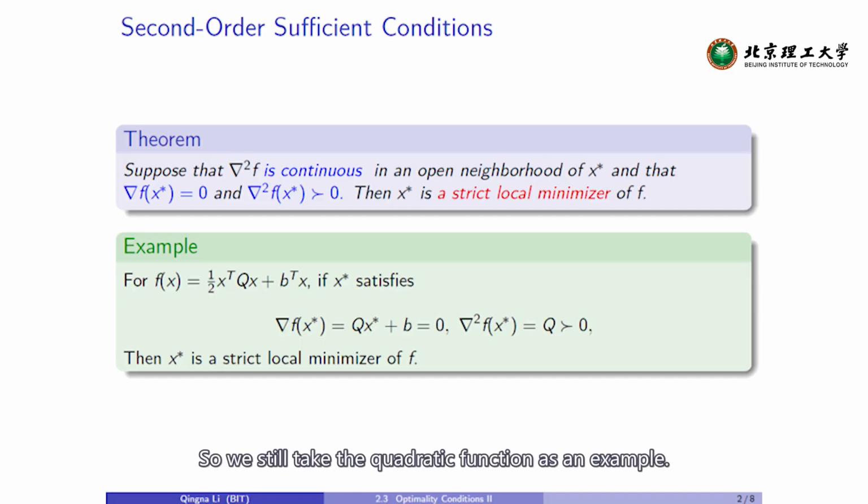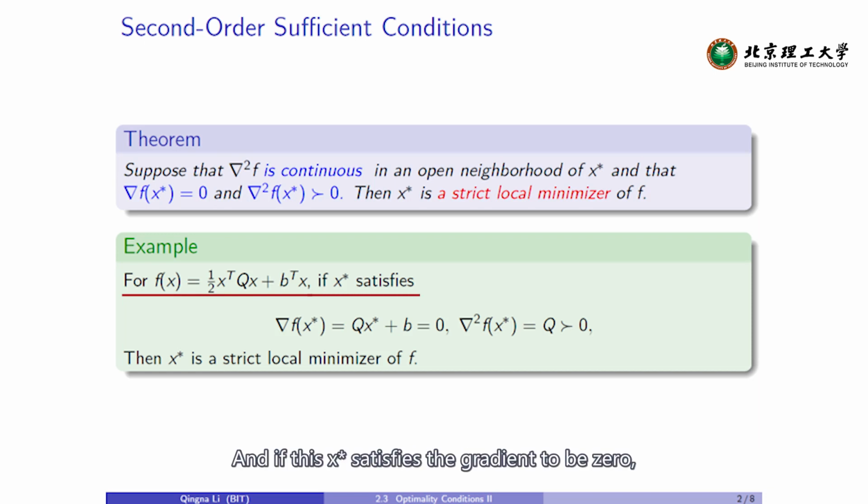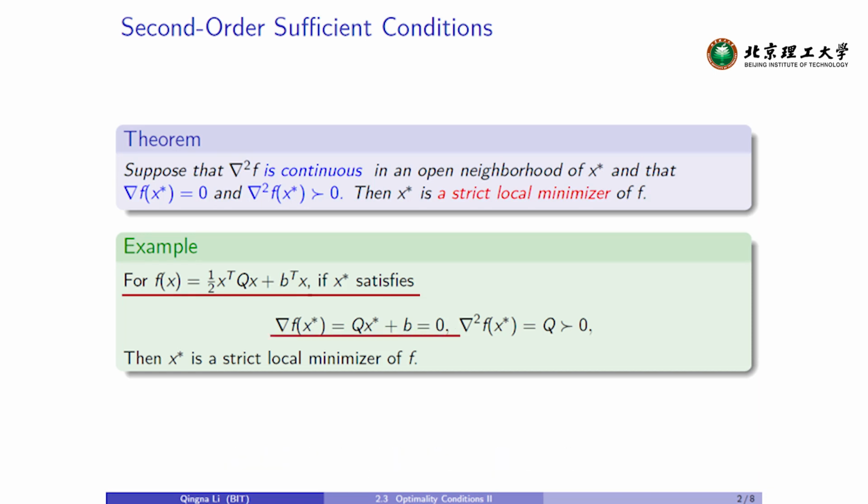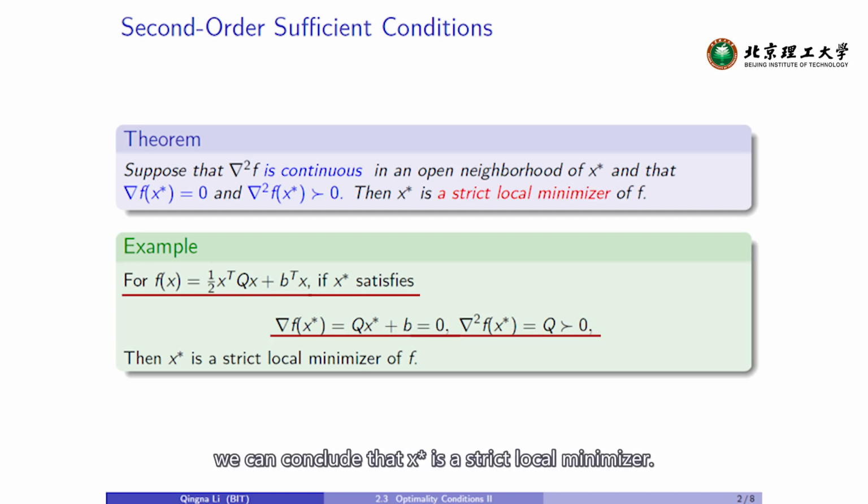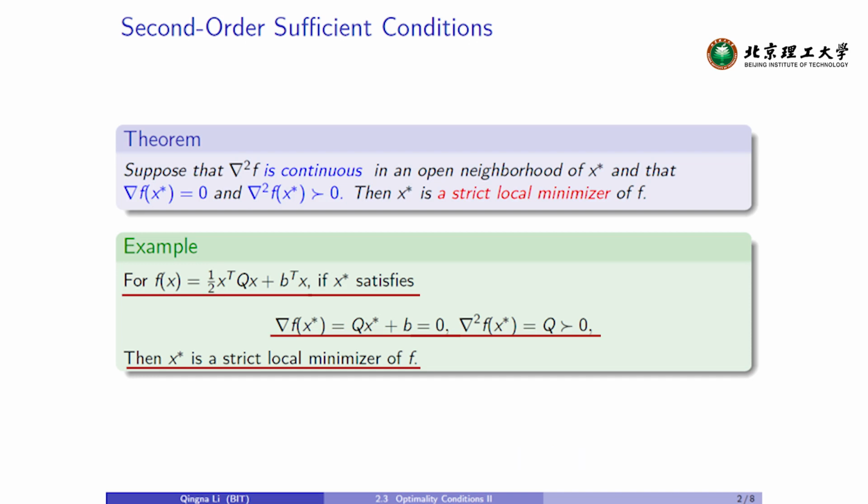We still take the quadratic function as an example. If this X star satisfies the gradient to be 0 and also the Hessian matrix, which is a constant matrix, to be positive definite, we can conclude that X star is a strict local minimizer. All right? So this is an example to show the second order sufficient condition.